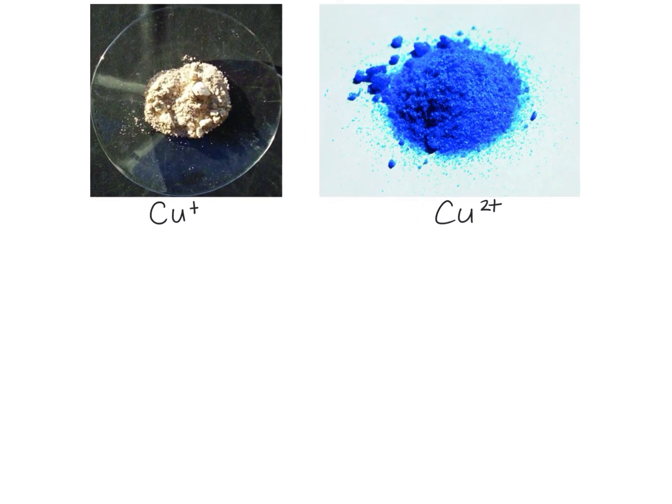I want us to look at the electron configuration of just copper with no charge. Copper has 29 electrons, and you would think that copper's electron configuration would be argon 4s2 3d9. But unfortunately, it's not.